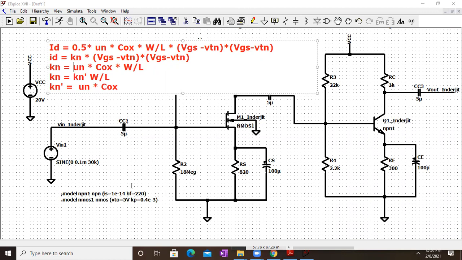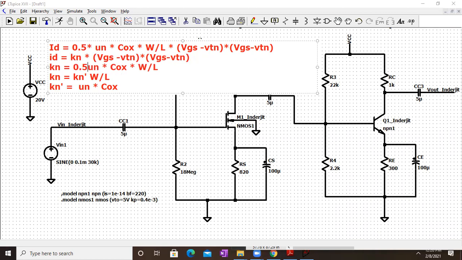So basically when we enter a value for Kp over here, it is nothing but 0.4 E raised to minus 3. So this is nothing but 0.4 into W by L, which is 1. Now remember, in the original ID formula we have half also. So this is actually 0.5 into. So this half also has to be adjusted.